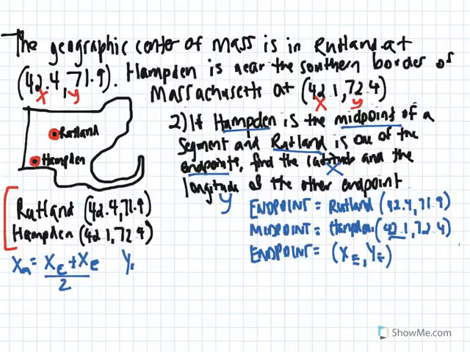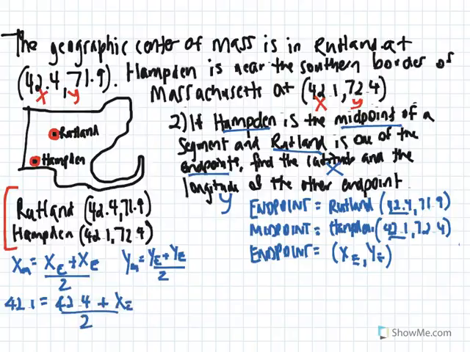And then our y midpoint is y endpoint plus y endpoint all over 2. So our x midpoint value is going to be 42.1 equals our x endpoint value, 42.4, plus x endpoint over 2. Solve for x endpoint, and we're going to get that as 41.8.